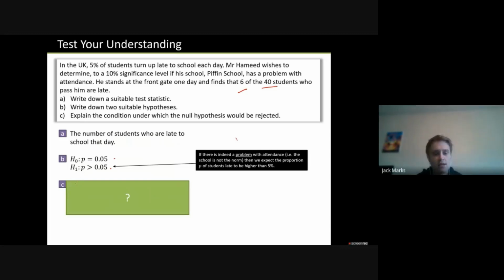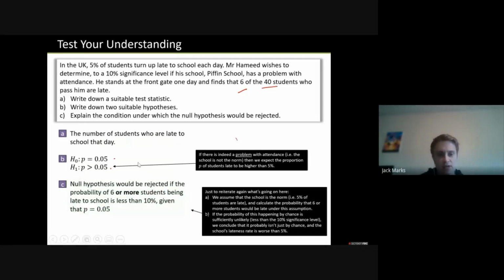Okay? Well, when would we reject the hypothesis? So what we would do is we would look at the probability of 6 or more students being late. Now, why is it 6 or more? In other words, why is it this one here? Well, you can follow the inequality. So when you say the probability is more, then you're looking at the upper end, okay?